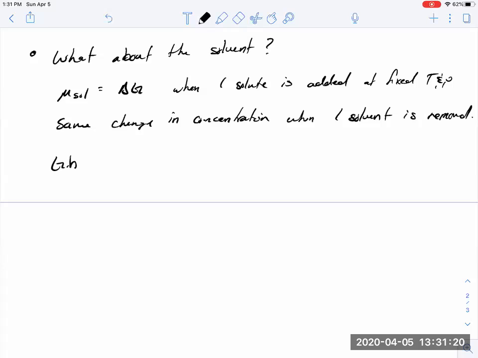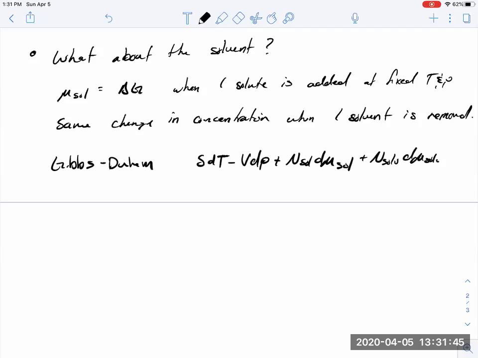If we remember what that is, the Gibbs-Duhem equation said that S dT minus V dP plus the sum over all the species of the numbers of particles times their changes in chemical potentials. Here we have just solute and solvent. Gibbs-Duhem says that all sums to 0.